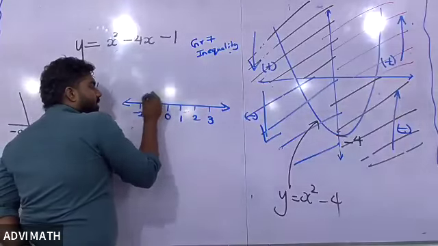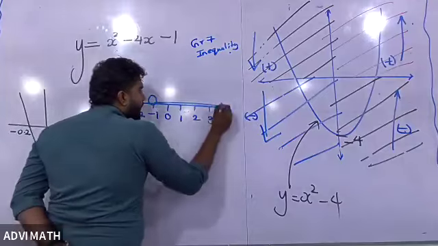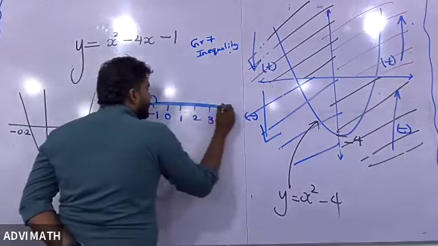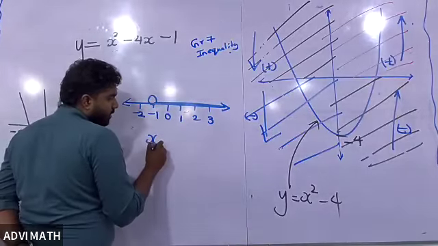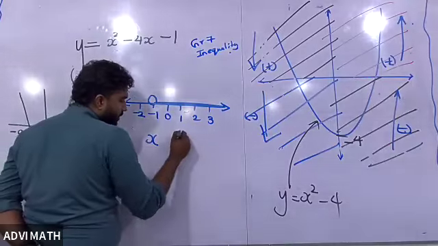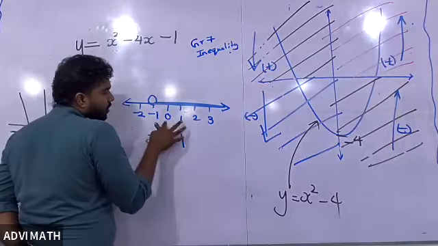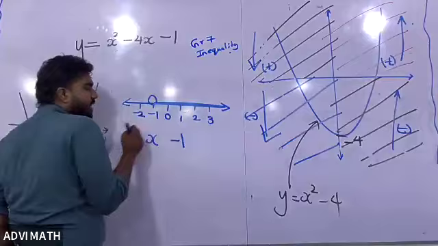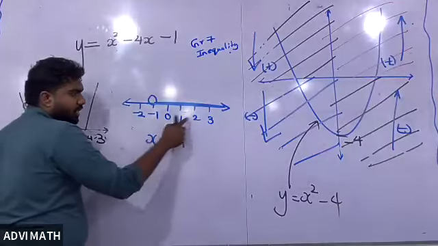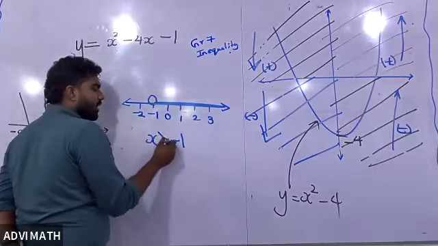0 1 2 3, -1, -2. If I draw a circle here and color this, how can I write the equation? X and -1. 0 1 2 3 is greater than -1 or less than -1? 0 1 2 3 is greater, no? I write what?